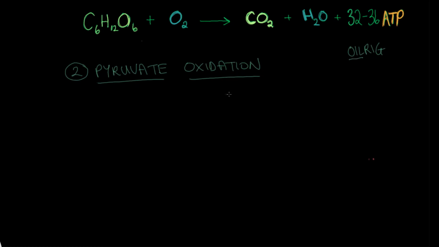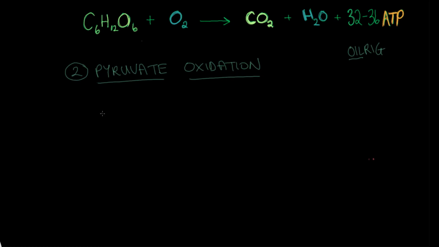So we're going to take the electrons from pyruvate, or some of them. Now, remember that the goal of the first 3 steps of cellular respiration is to make high energy electron carriers. So those electrons are going to be put onto NAD plus to make NADH.